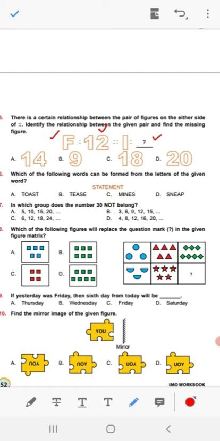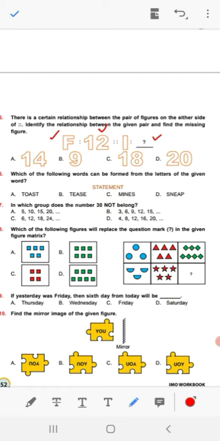If we count the letters starting with A as 1, then B 2, C 3, D 4, E 5, and then F is coming as 6th. In the relation F is related to 12, and we know that double of 6 is 12. So if we take F as 6, here it is doubled.